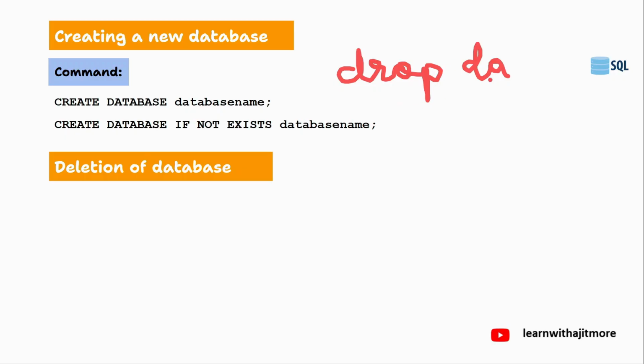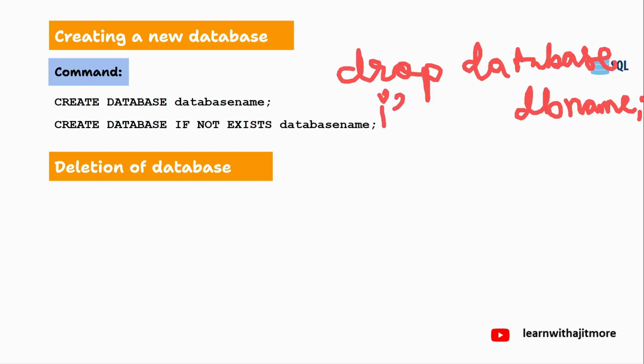Therefore, you have to tell what to drop: drop database and the name of the database. Now, if the database exists, it will drop it. But if it doesn't exist, it will give you an error. Means if you try to drop a database which is not existing, obviously it will give an error. Suppose you don't want that, then here you can add the flag if exists.